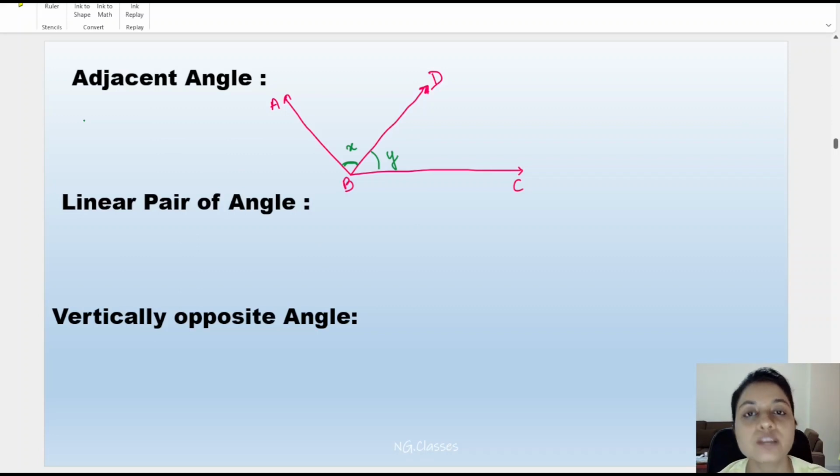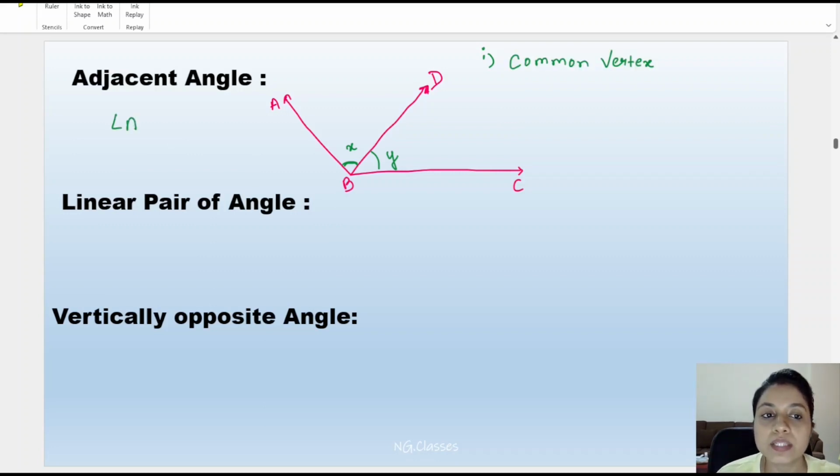We can also check whether two angles are adjacent or not by checking some conditions. The first condition is there must be a common vertex. Here we are talking about angle ABD and angle DBC.